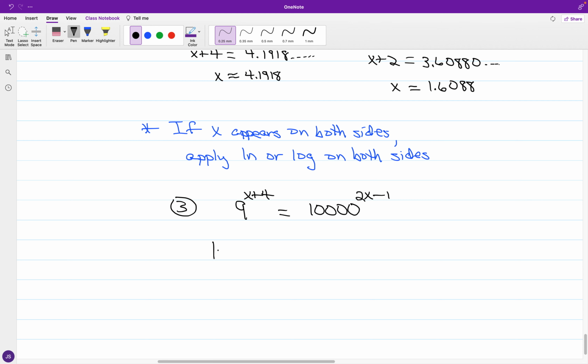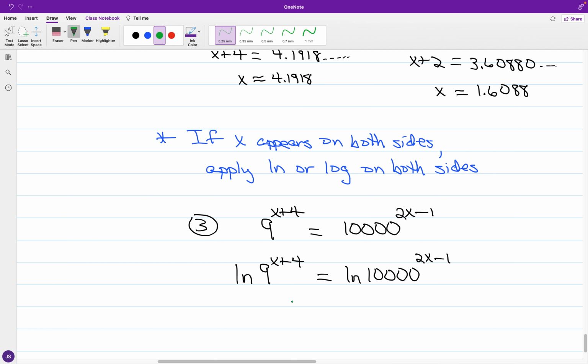So we have the natural logarithm of 9 raised to the x plus 4 is equal to the natural logarithm of 10,000 raised to the 2x minus 1.